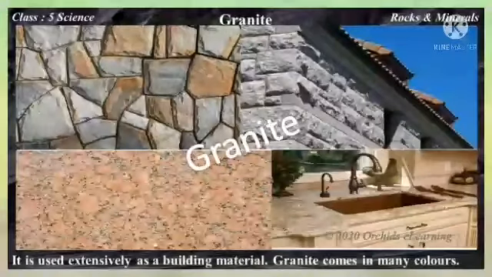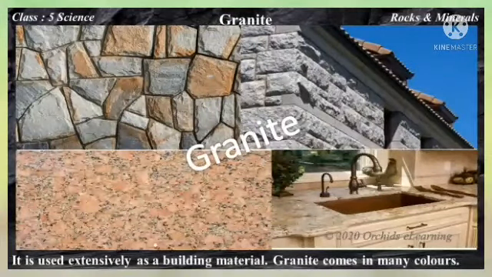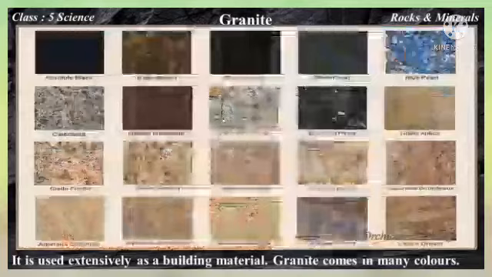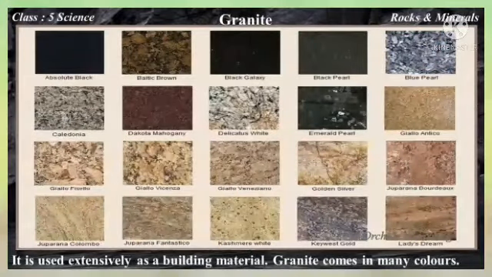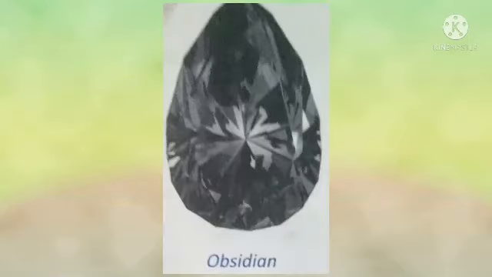Granite comes in many colors and patterns. It is used extensively as a building material, as polished granite on kitchen counters and floors. Next, obsidian. Obsidian is formed when the lava cools quickly above the ground.